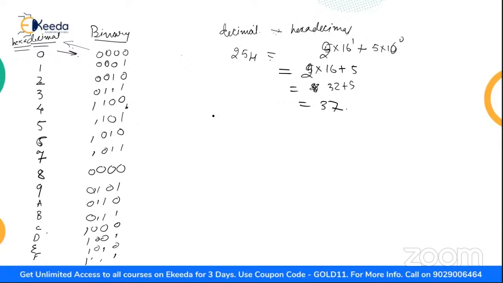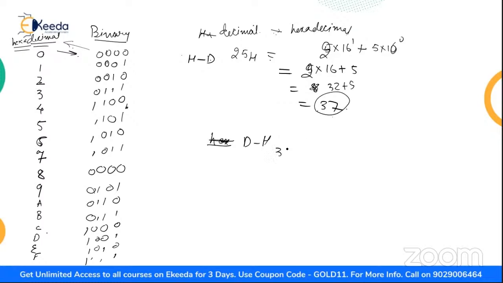You can convert hexadecimal into decimal like this, and you can convert decimal to hexadecimal by doing this. Suppose you got decimal 37.